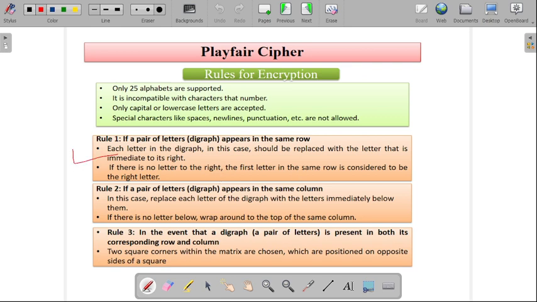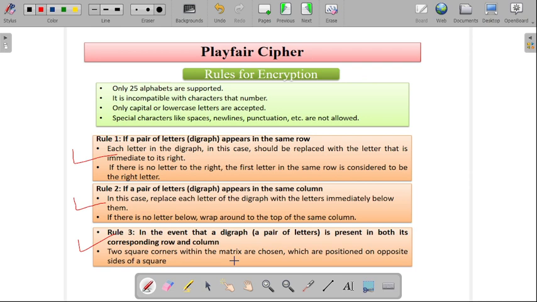Rule number two says that if a pair of letters appears in the same column, then we replace each with the character immediately below it. If there is no letter below, then wrap around to the top of the same column. The third rule is that if the letters are in neither the same row nor the same column, then the two square corners are taken for converting plain text to ciphertext.